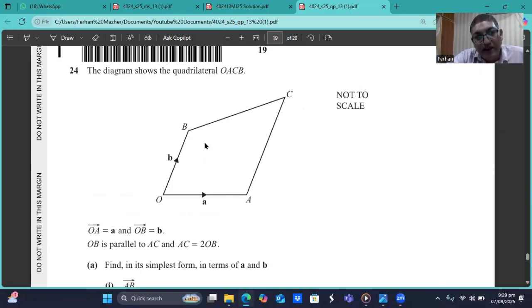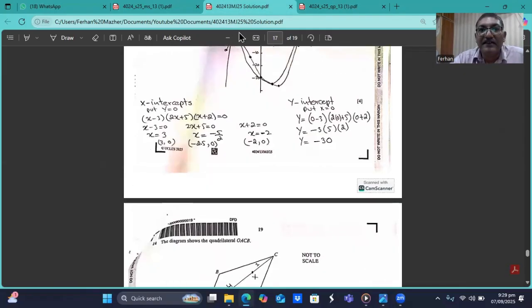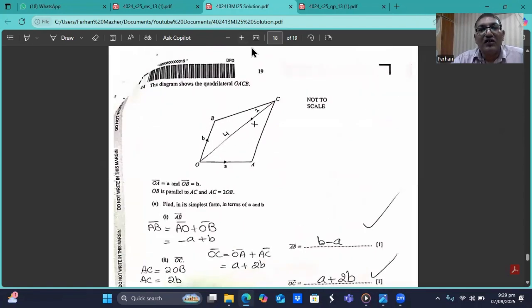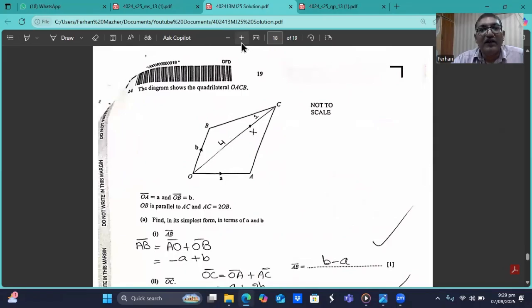So if you want to find AB, I'm going to make a bypass. From A, I will go to O. From O, I will go to B, and that will equal AB. This is what we call making the bypass. Let me show you how I have done this.